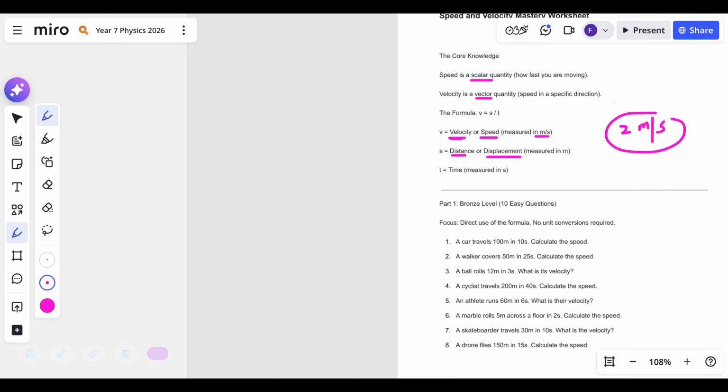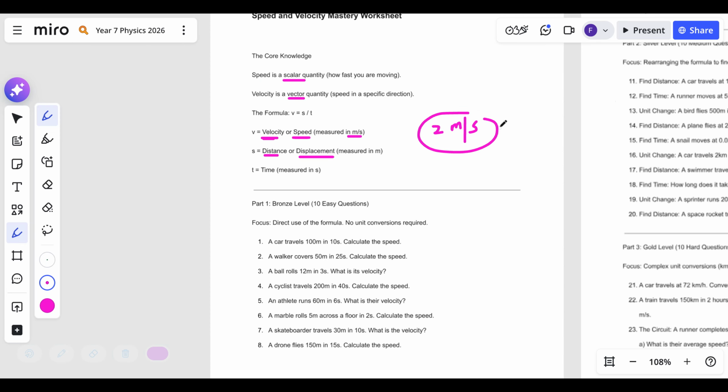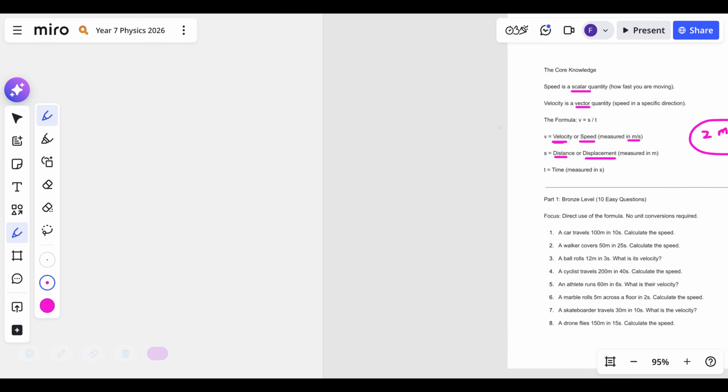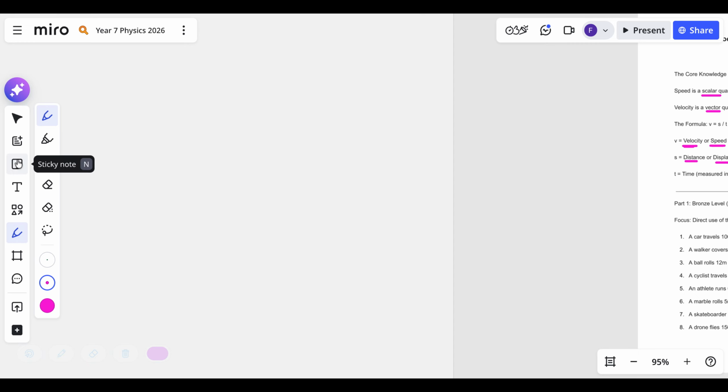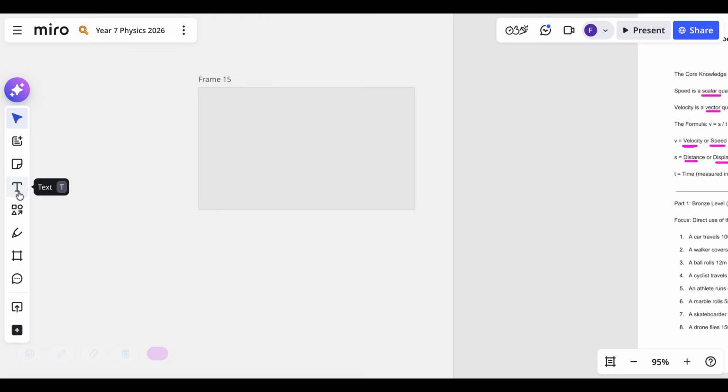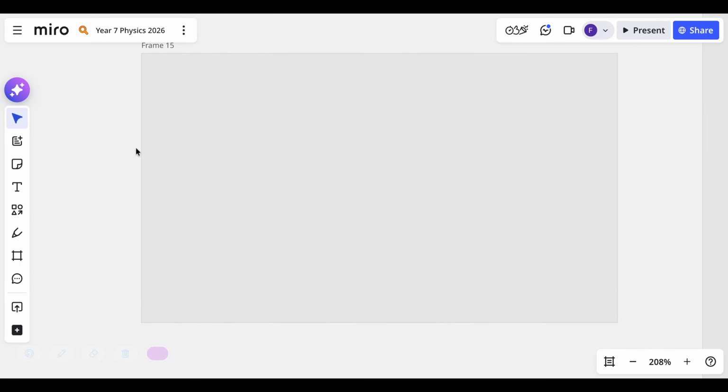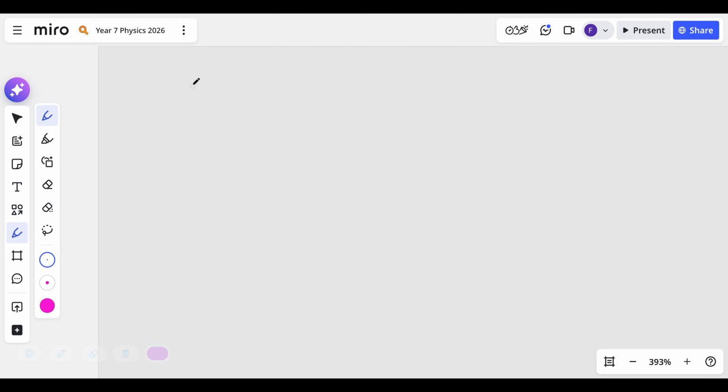Now, for you guys, it's like this. I'm going to put a little example over here, in a little frame. If you are given velocity, and they say my velocity equals 2 meters per second, this is a positive number.